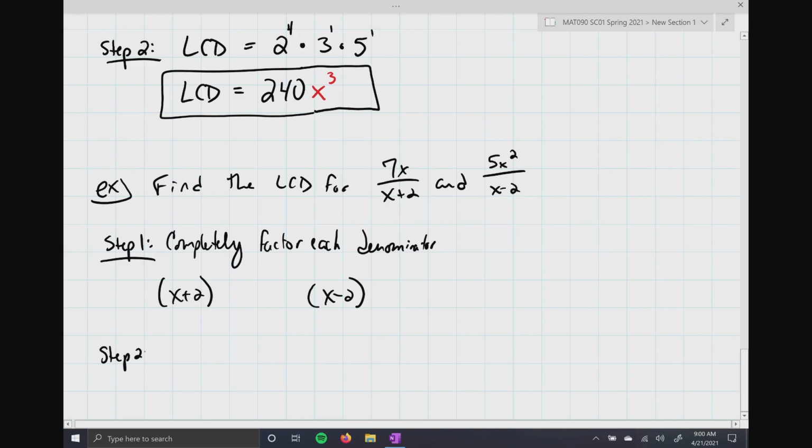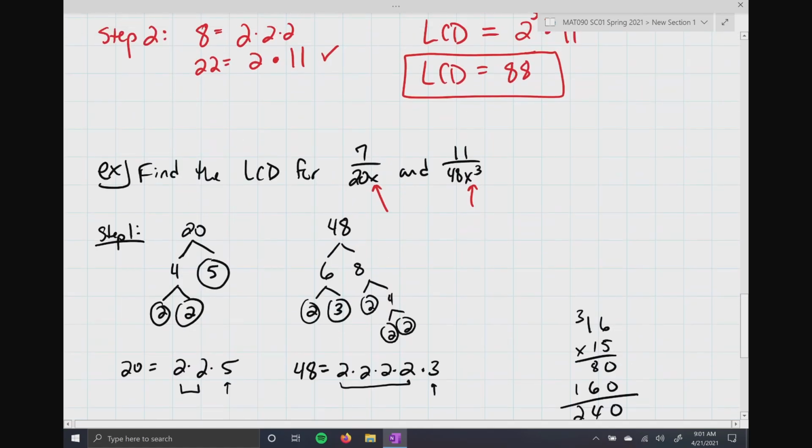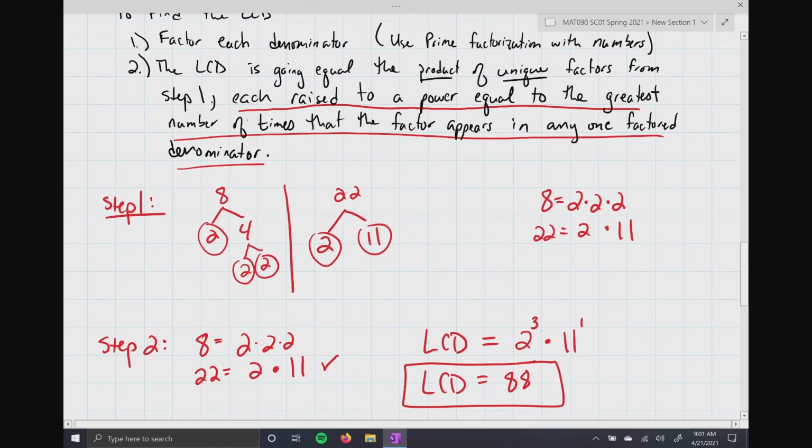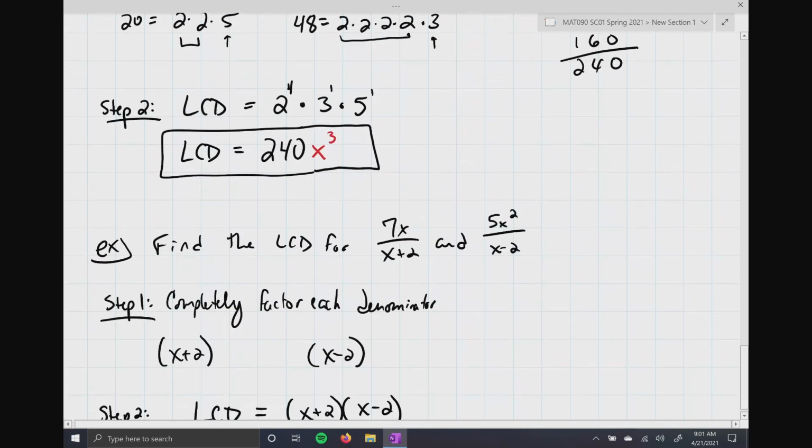Step 2, we know our LCD is going to equal the product of unique factors. So my first factor is x plus 2. My second factor is x minus 2. And it's the product of unique factors, each raised to a power equal to the greatest number of times that factor appears in any one factorization.